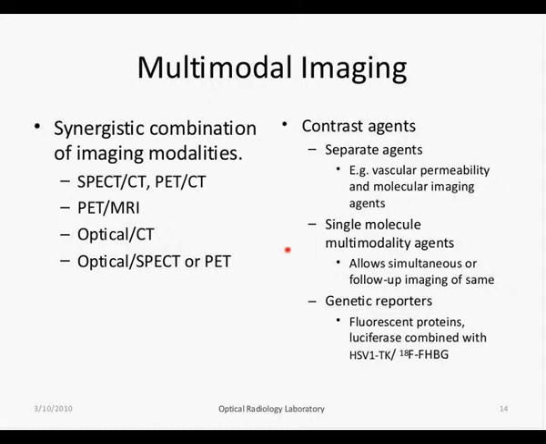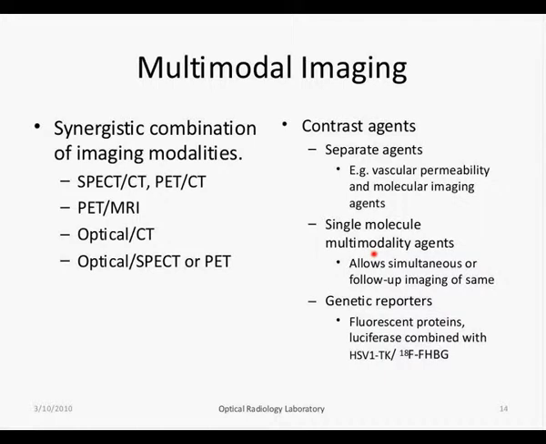There are a few different mechanisms to use multimodal imaging contrast agents, either separate agents, injecting agents that have different functions, such as looking at vascular permeability with one agent and molecular imaging with another, to compare those factors within the same animal.